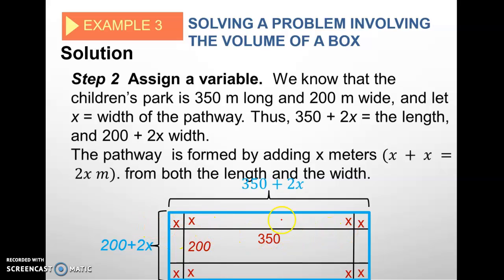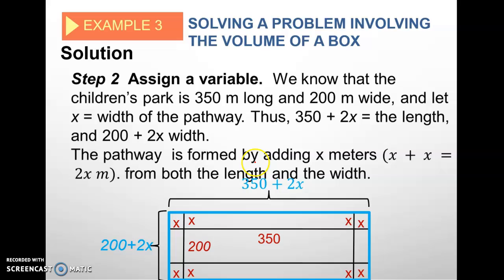So 350 plus 2x. Now same with 200. The original width is 200, so including the pathway, the width is x, and you also have to include the other end. So x plus x is 2x. This is now your new dimension, 350 plus 2x and 200 plus 2x.